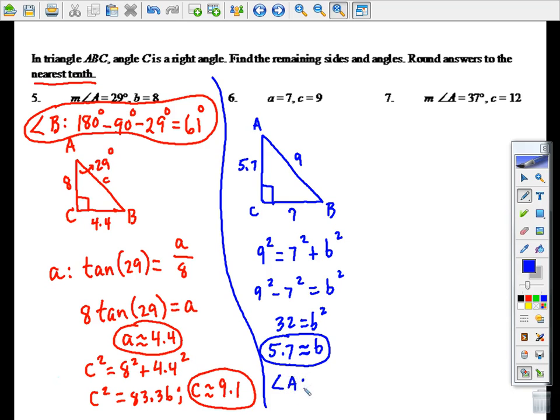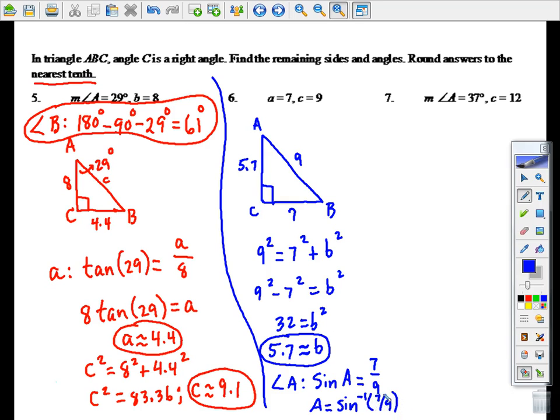So to find angle A, I'm going to use the sine function. Sine A is equal to opposite over hypotenuse. To solve for A, I'm basically going to multiply by the inverse sine. So this is what you're going to do in your calculator. This is where you're going to do second sine.